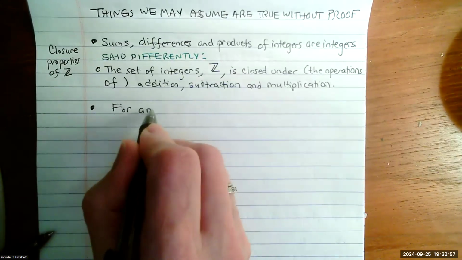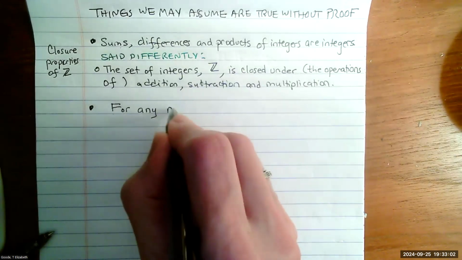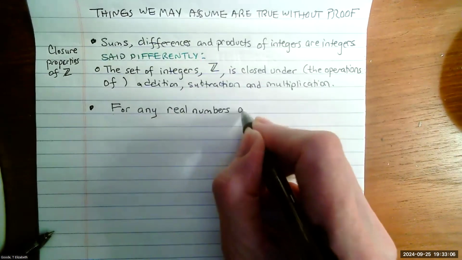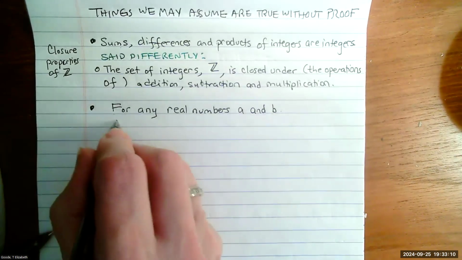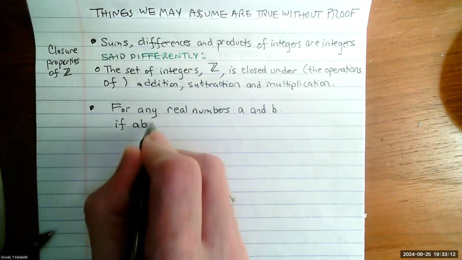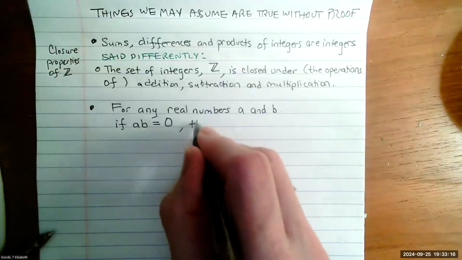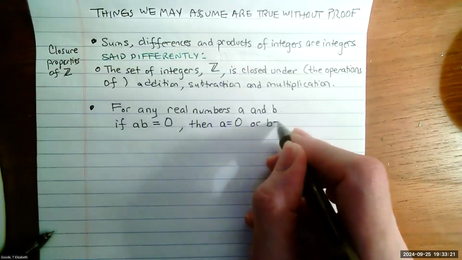This is for any real numbers, not just integers. It includes integers, of course. For any real numbers A and B, if AB is equal to 0, so if A times B is equal to 0, then A is equal to 0, or B is equal to 0.